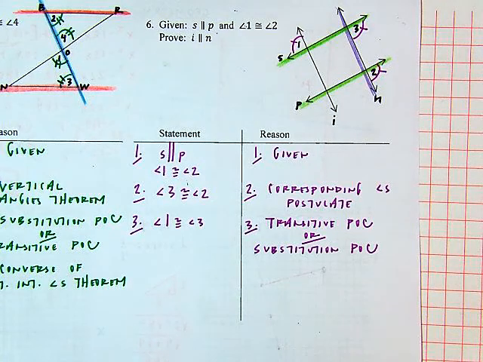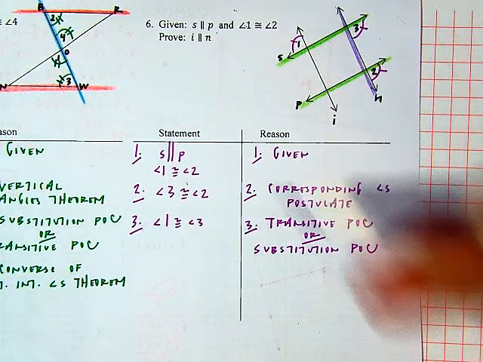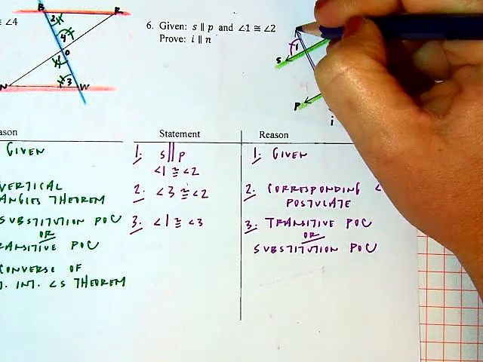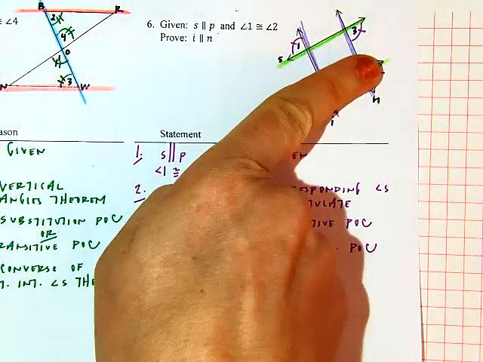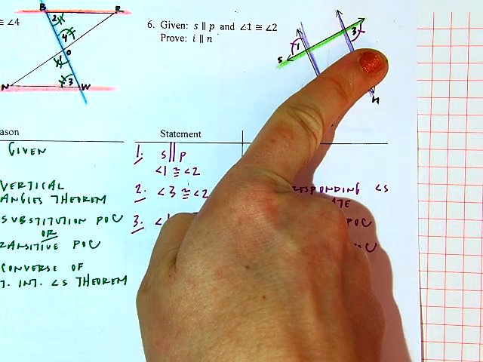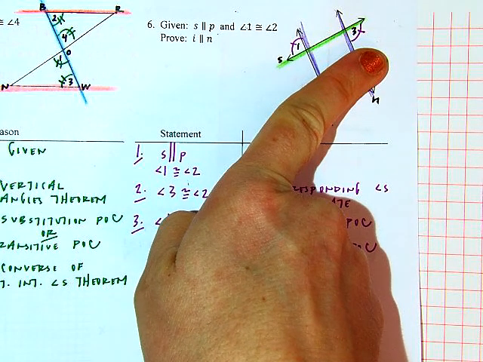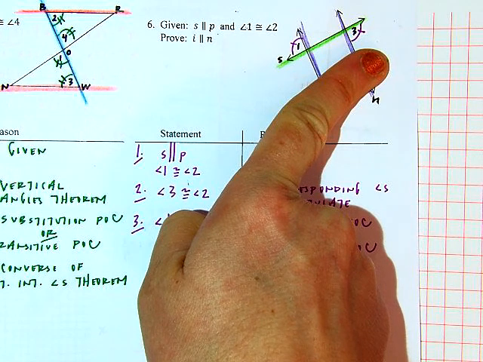Okay, so remember that our end game is to get I and N to run parallel. So we're trying to get to here. Let me make this also purple. If I look at right here, let me focus right there on where 1 and 3 are, what kind of angles would they be? Angles 1 and 3, those are alternate exterior angles.